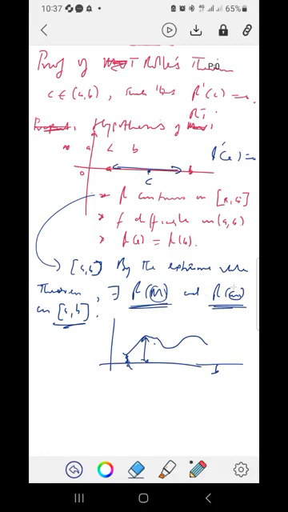Now two things are likely going to happen. The first thing is, what if f(M) is equal to f(m)? What if that's the case?